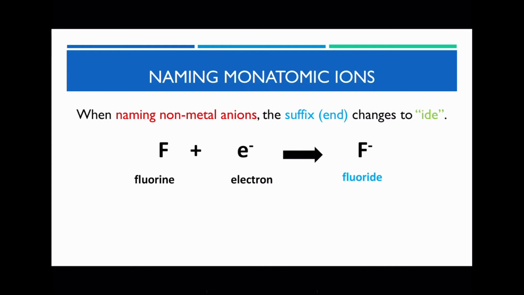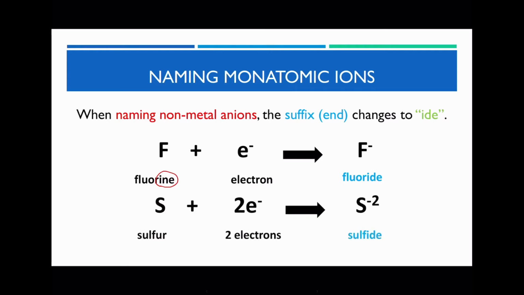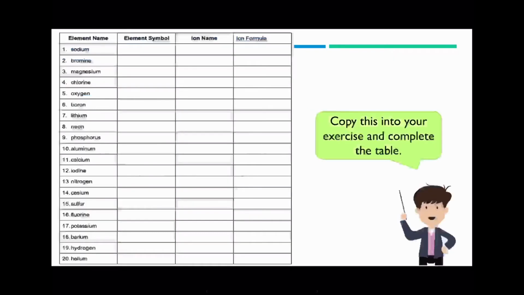By gaining 1 electron, it now has a net charge of -1, so F minus. The name of this particular ion now becomes fluoride. So we changed the "ine" part to an "ide." That's how we name these particular anions. Another example is sulfur. Sulfur has a different suffix, but again, we're going to be changing it to the "ide" suffix. So sulfur now becomes sulfide.